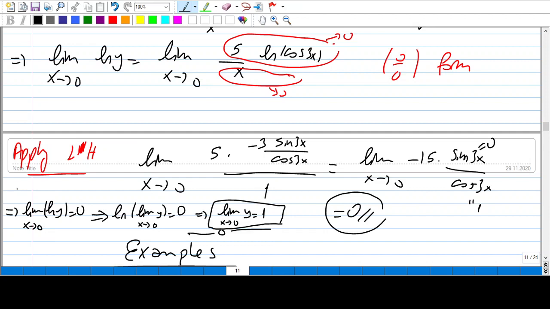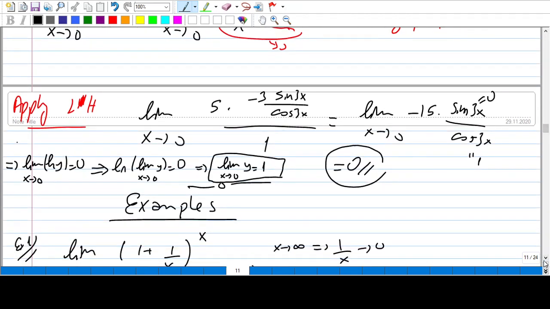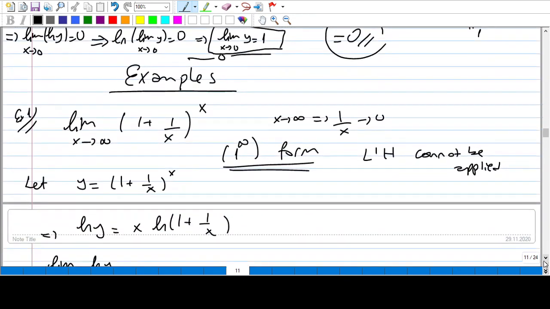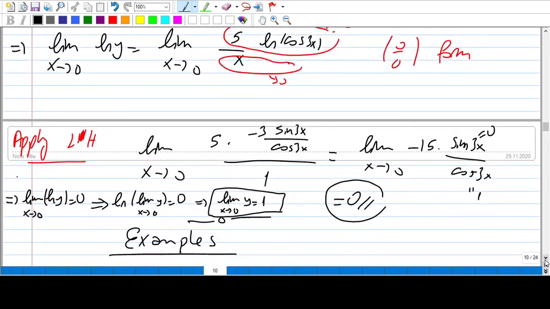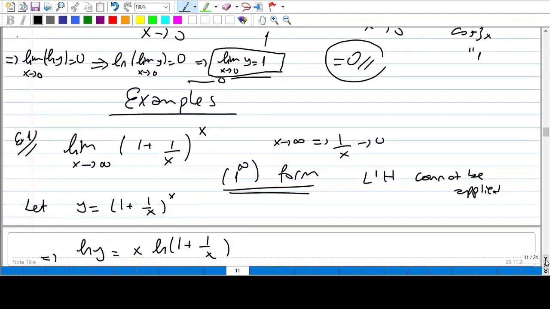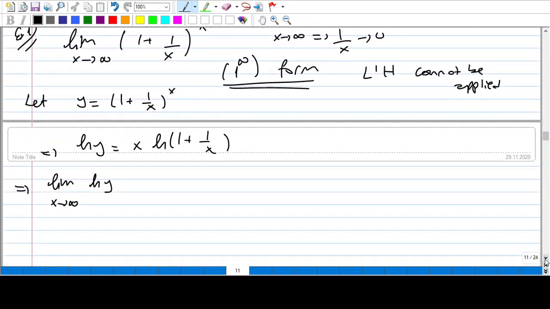If I go back to the example (1 plus 1 over x) to the power x, let's check it. The result of the previous example was not equal to 0, pay attention, it is equal to 1. So now what do I have?